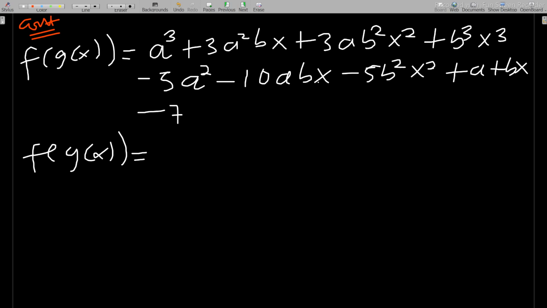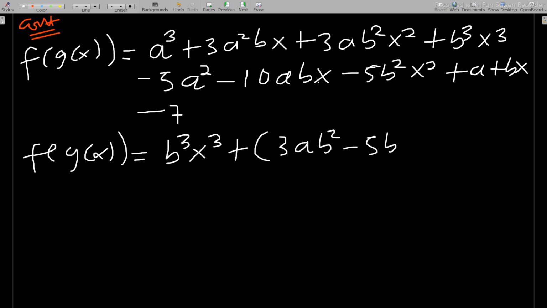So I have the x cubed, b cubed x cubed, and I'll go to the square part, plus, then I have to factor the x squared out and write its coefficient. So I'll have 3ab squared minus 5b squared, then x squared, then plus, now go to the x component.